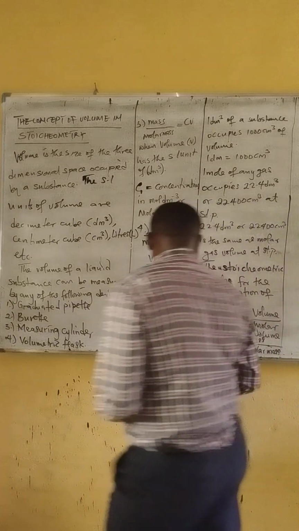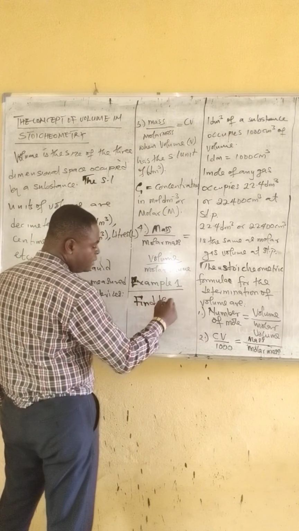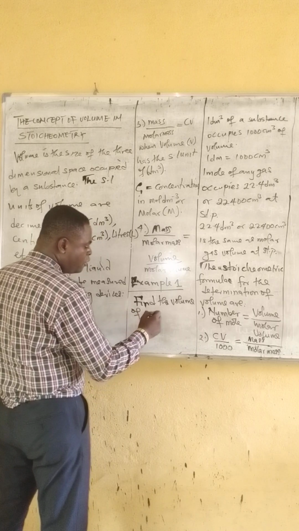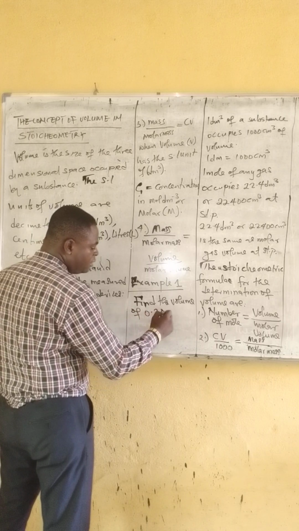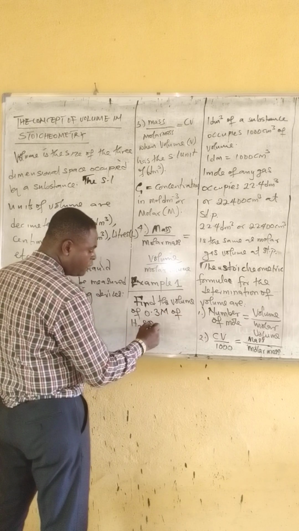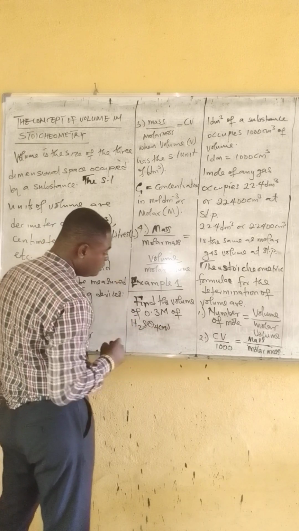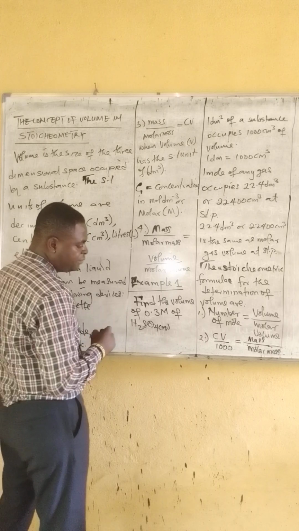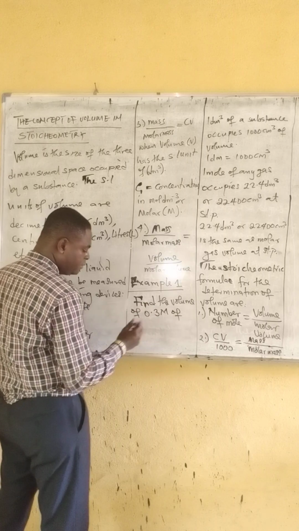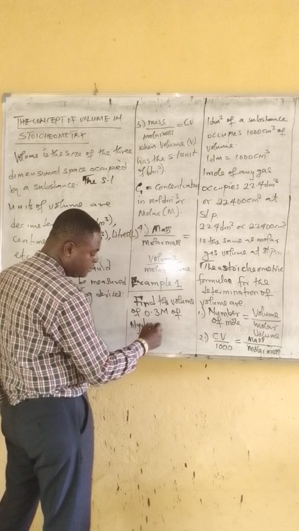Let's check. It says, find the volume of 0.3 molar of HCl, hydrogen chloride.